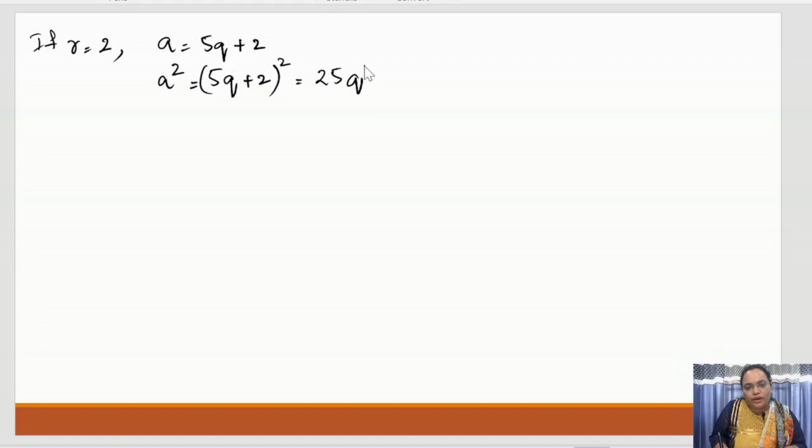If r is equal to 2, you will get a is equal to 5q plus 2. If we do squaring on both sides, you will get 5q plus 2 whole square. If you expand, you will get 25q square plus 2 into 5q into 2 plus 2 square, which is 4.